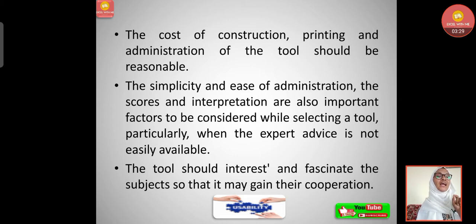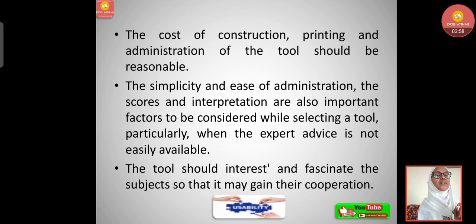The simplicity and ease of administration, scoring and interpretation are also important factors to be considered while selecting a tool, particularly when expert advice is not easily available. If expert advice is not easily available, the researcher has to take the judgment and decide by herself or himself. So these are all very, very important things.